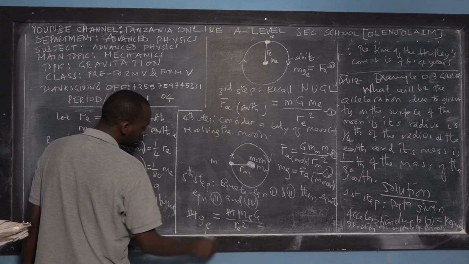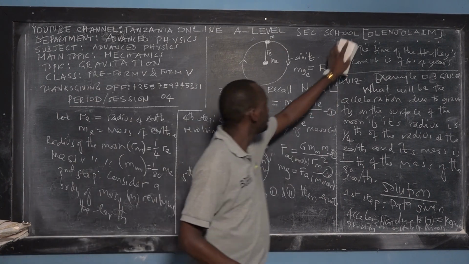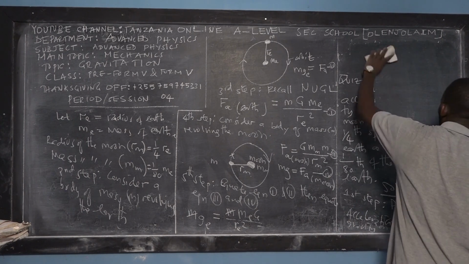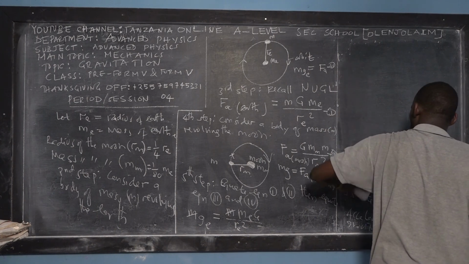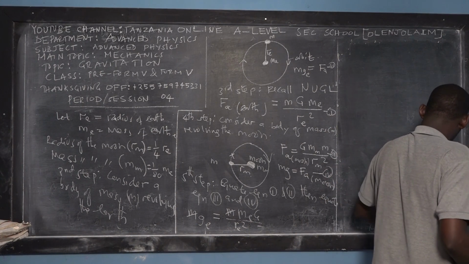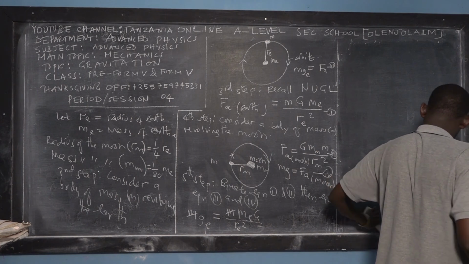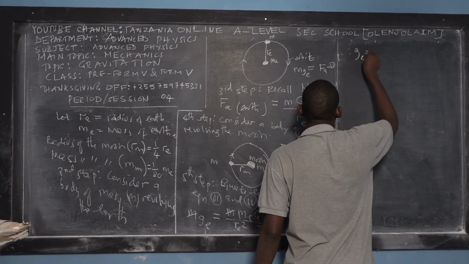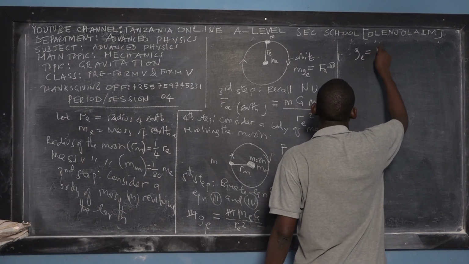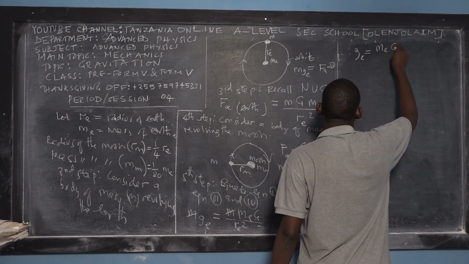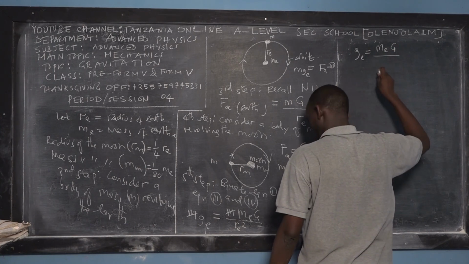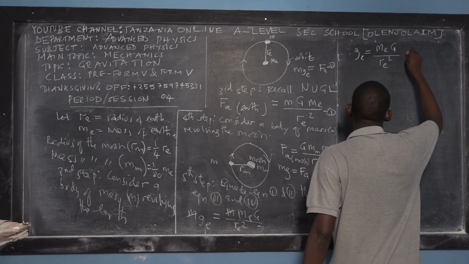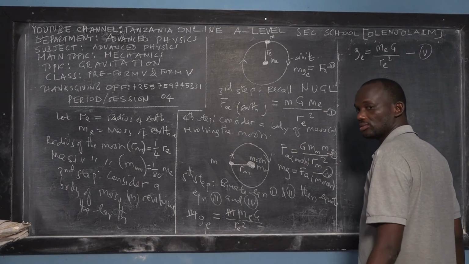So mass and mass cancel. So gravity on the S is equal to mass of the S times gravitational constant G over radius of the S squared. So this is equation 5.